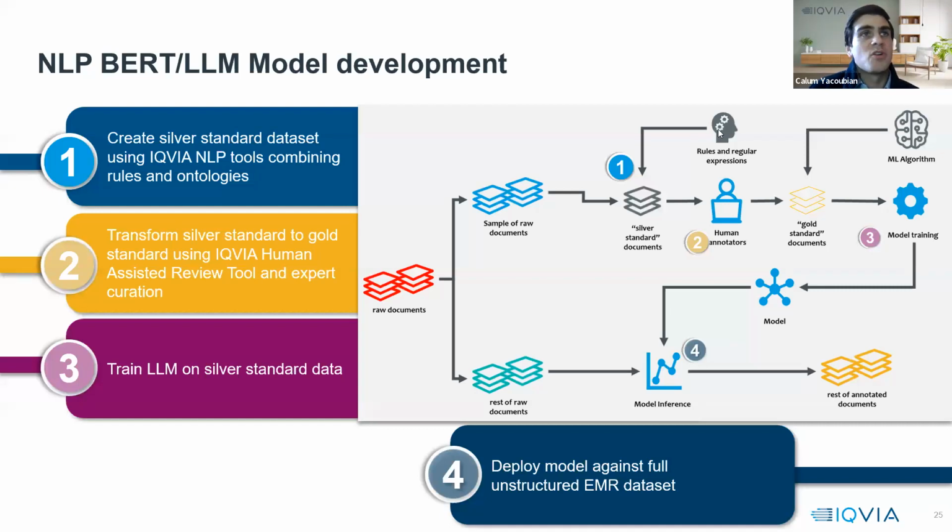So this is talking through what I've just spoken to, where we've used the NLP engine with its rules and ontologies to define our subset of patients. We've then used a human expert within an AI augmented tool to make the most of their time, but to curate that data. And then we can use the output from this gold standard, which is over here, to train, for instance, an off-the-shelf BERT model.